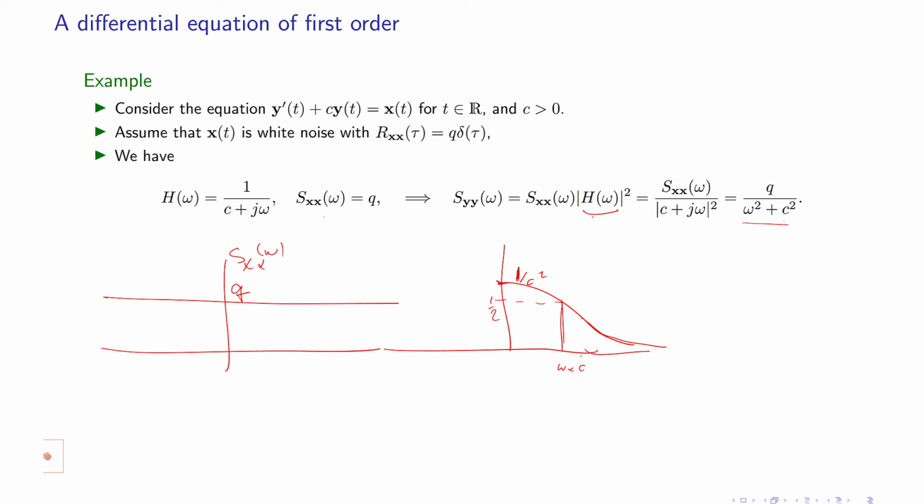The 3 dB means that your gain is divided by square root of 2. So at these locations, the 3 dB bandwidth, BW 3 dB, we denote it like that, is equal to c. So this is the frequency at which your gain is half of the maximum gain.